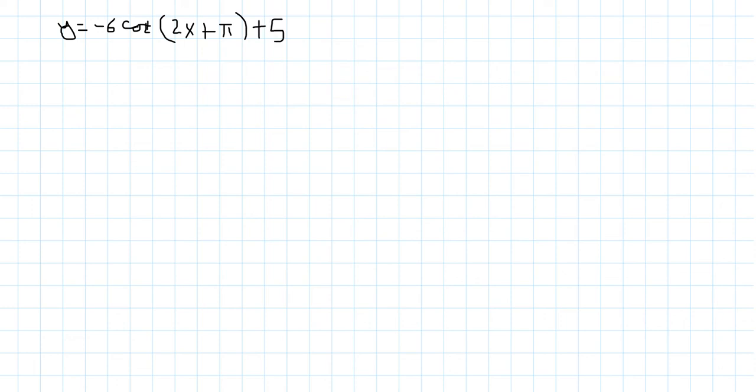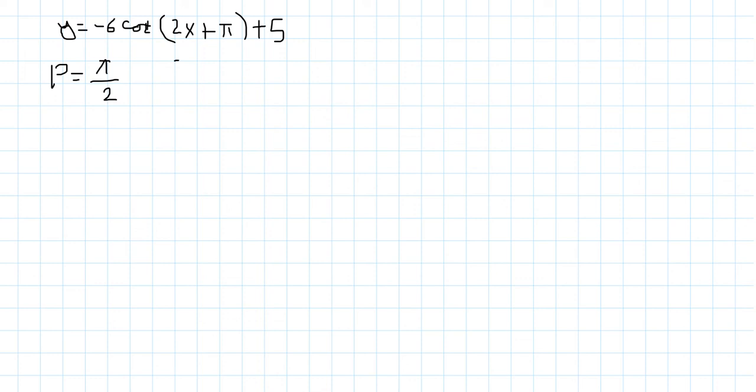At first I know the period is pi over 2. The factor of x is 2, and in cot and tan I should have the period p equal to pi over the factor of x.